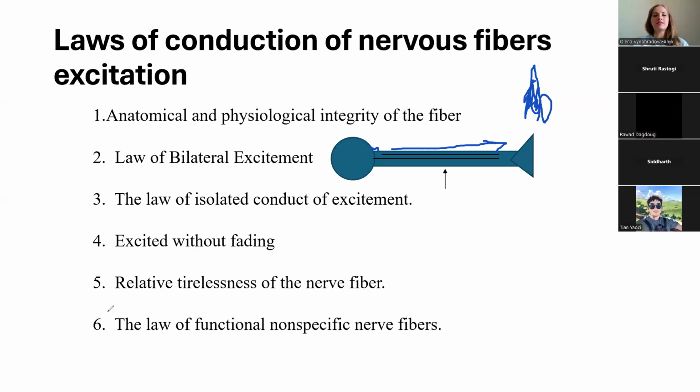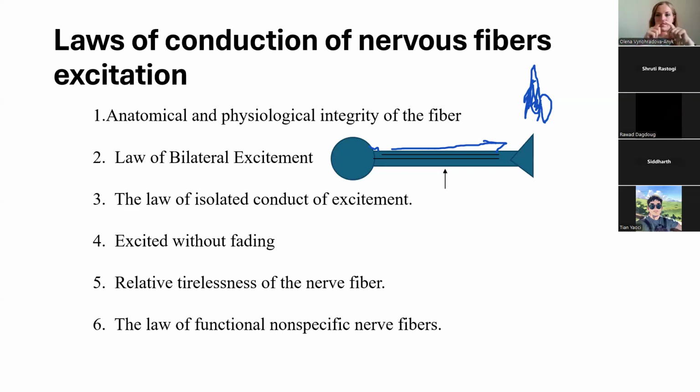The law of isolated conduction of excitation. I would like to remind you that inside one nerve we have many nerve fibers, and excitation would not jump between them in normal physiological conditions. In pathology it's possible, but in physiological conditions impulses are not able to jump between different fibers inside one nerve.